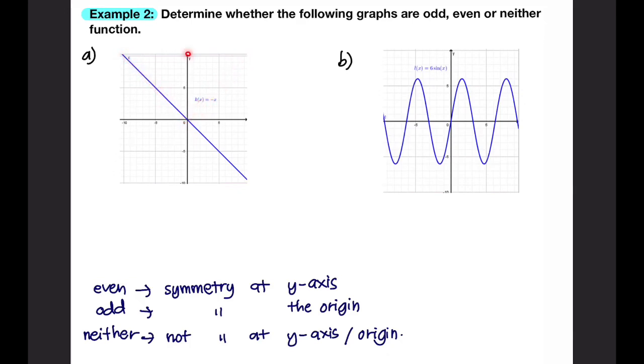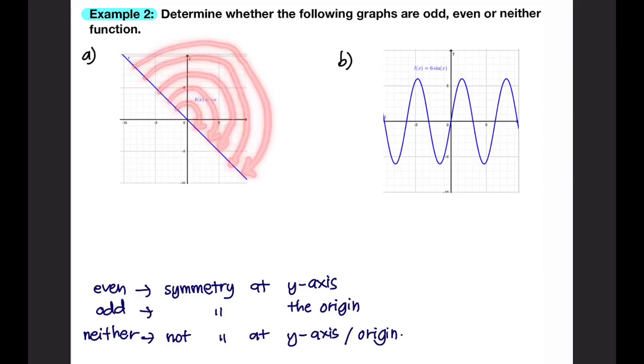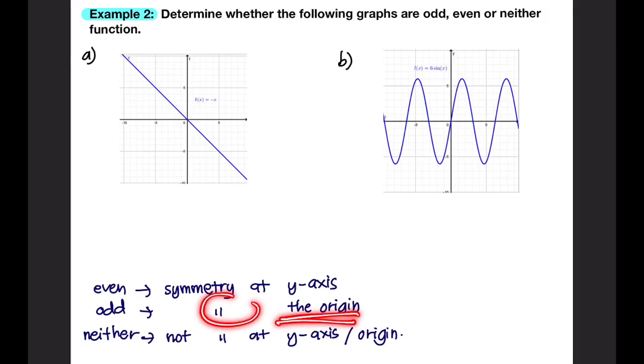Try to put the mirror in the middle. You will see that the reflection of this graph will go here. So this graph is not an even function. So the graph is reflected here. Come to this line. So this graph is an odd function because it is symmetric at the origin.